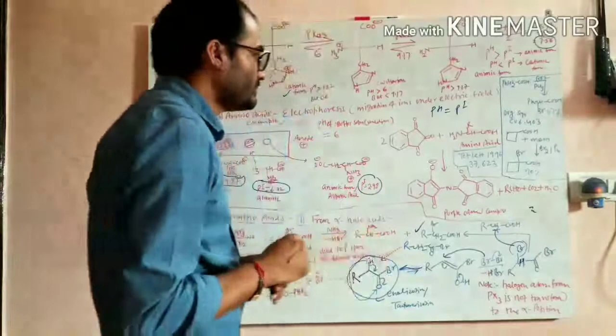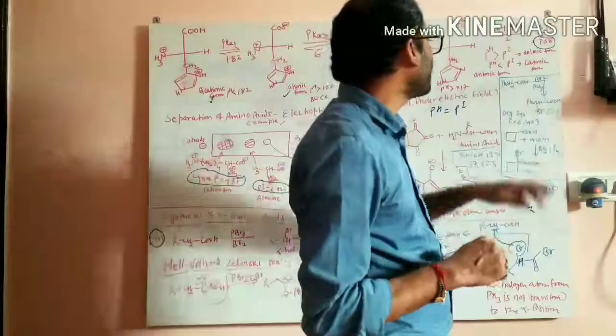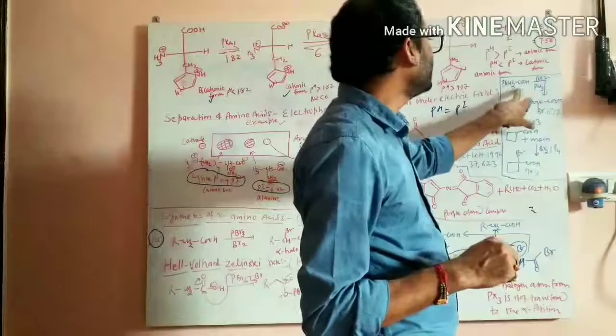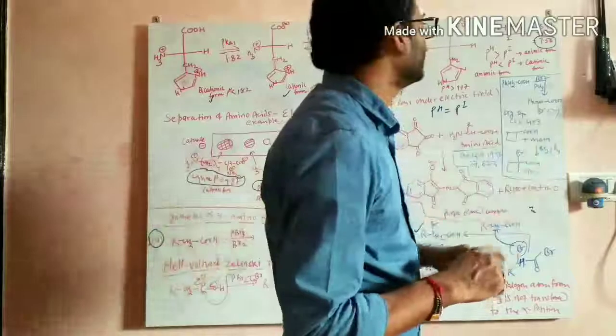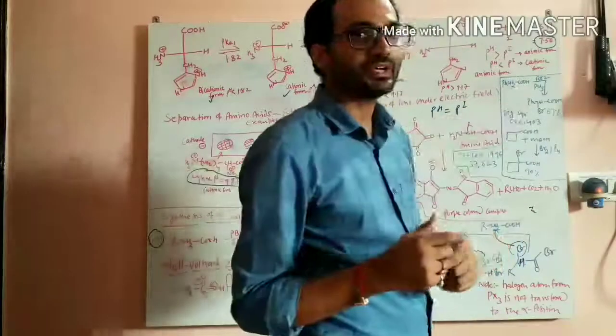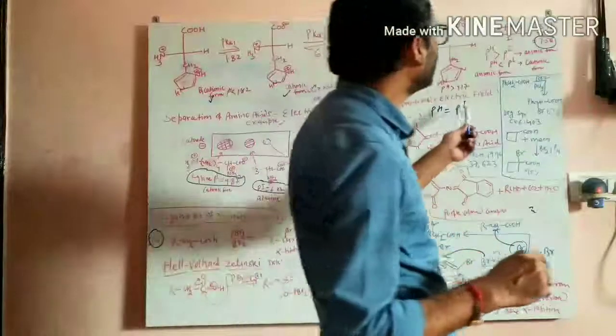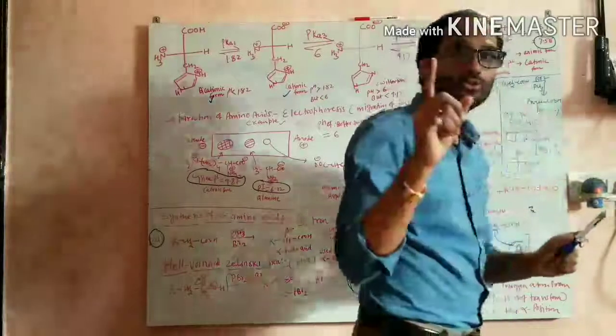Okay? Here we have, what is this molecule? PhCH2COOH, which is a carboxylic acid having an alpha carbon atom. This is actually called phenyl acetic acid. This phenyl acetic acid is reacted with Br2 and PCl3, not PBr3.